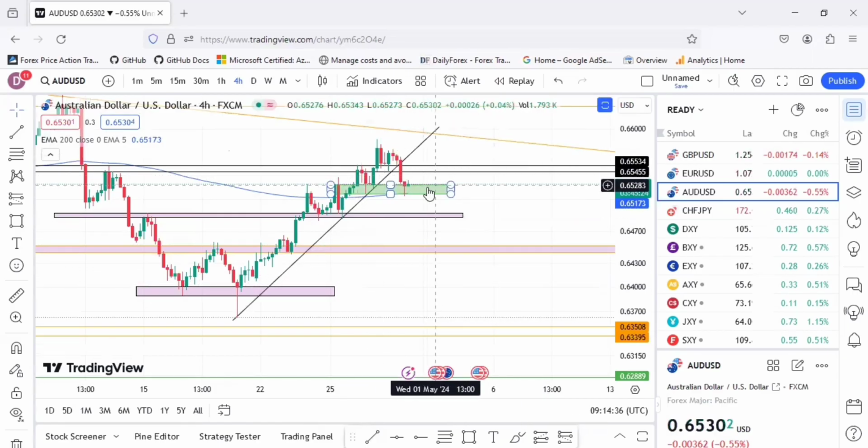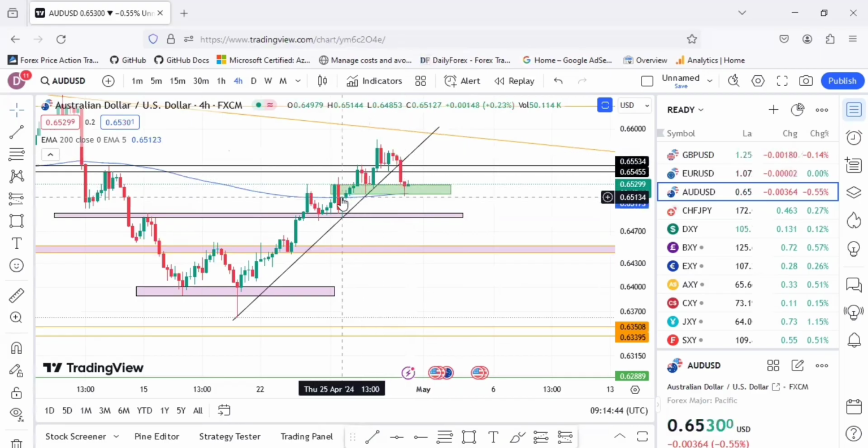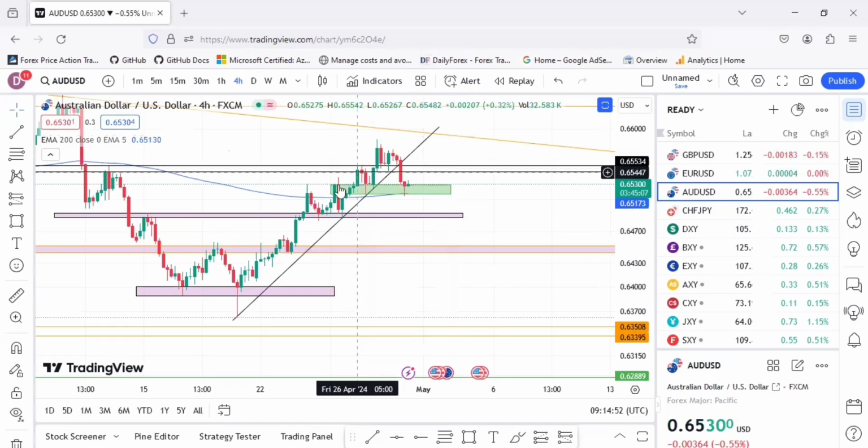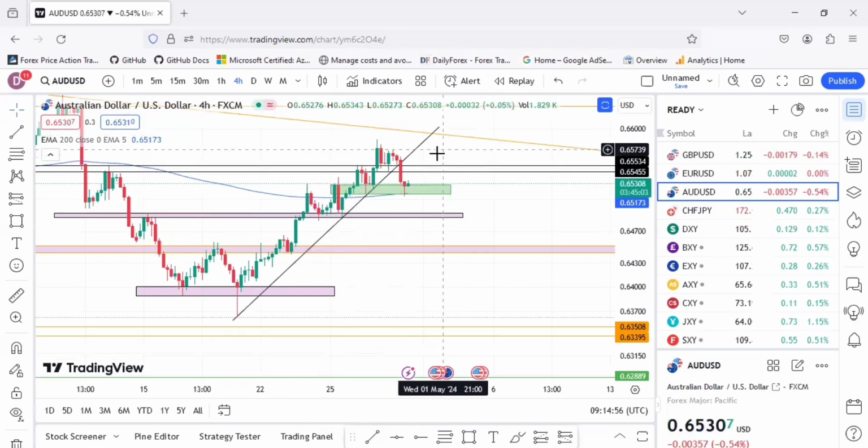It has broken the counter trend line, but it did not break the structure. Remember, I told you the structure must be broken. Then after that, you wait for a retracement. But now, the structure was not broken, but the counter trend line was broken. So to me, that is not a good confirmation. There is no confirmation for sell yet.